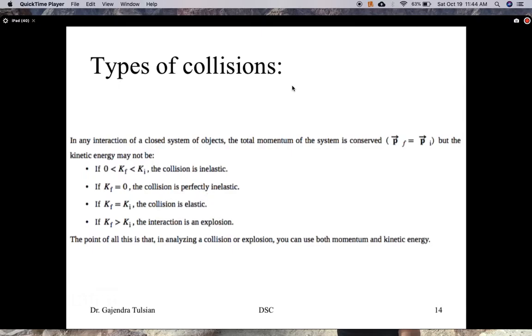Some people say when the objects stick together, they call it a perfectly inelastic collision, not necessarily when the final kinetic energy is zero. But anyway, if kinetic energy is conserved, then the collision is elastic. And in an explosion, some form of internal energy, like chemical energy, is converted to kinetic energy, and those are situations where the final kinetic energy is greater than the initial kinetic energy.